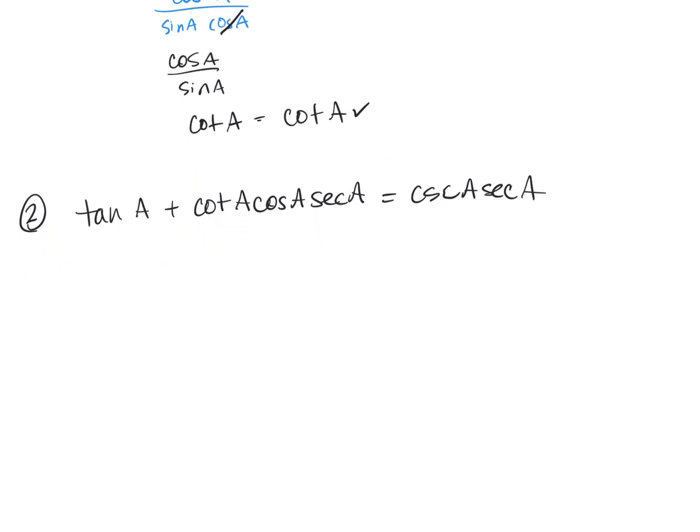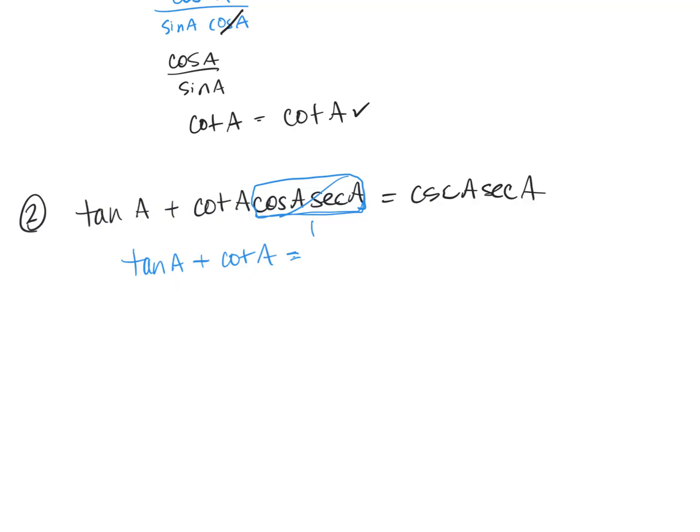We've got a lot going on on the left side, so let's see if we can simplify some of this out. Hopefully, you notice that this connection is happening here. Cosine times secant is really just equivalent to 1 because they're reciprocals of one another. So this side of the equation is going to look a little easier because it's going to be the tangent of A plus the cotangent of A. Still not what I want, but we're closer and it's a little more simplified.